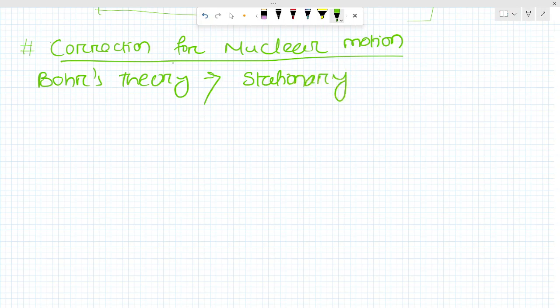In fact, the motion of the electron and nucleus under their mutual interaction is a two-body problem. If we consider the motion of the electron around the nucleus, it is a two-body problem.